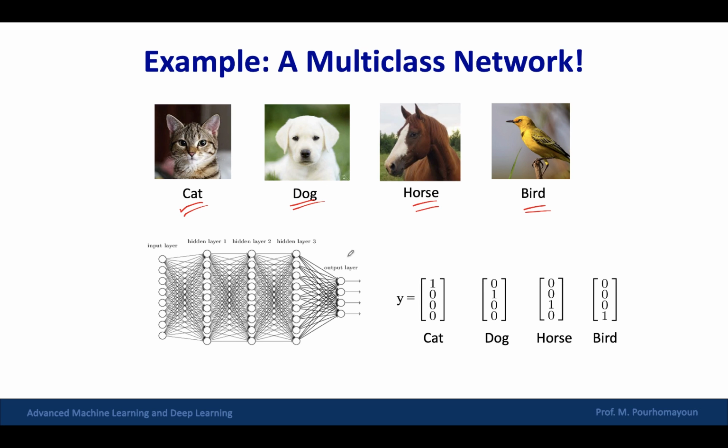It is like one hot encoding for the output. When I have a cat, I generate 1 0 0 0. When I have a dog, I generate 0 1 0 0. When I have a horse, it generates 0 0 1 0, and so on.